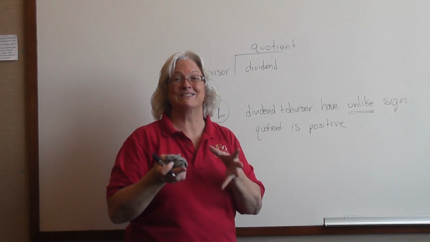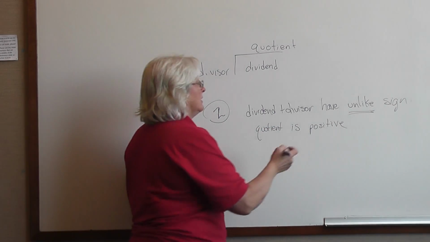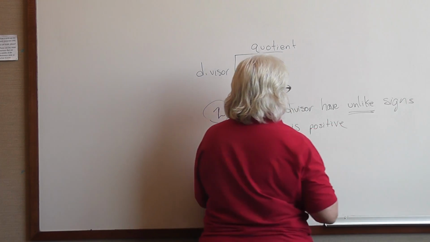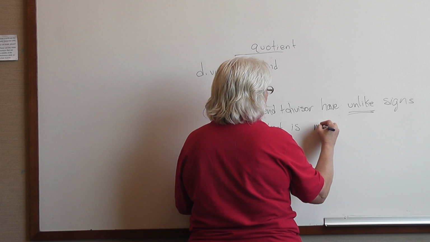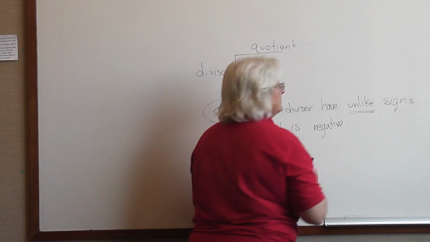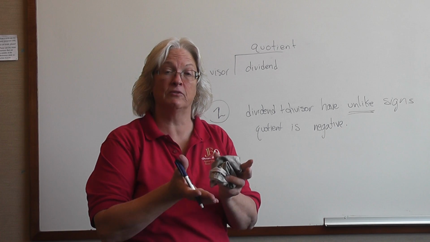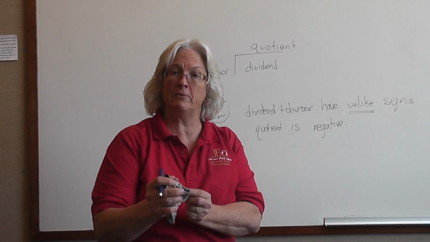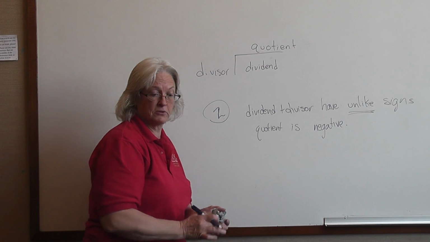Unlike here means different. The dividend and divisor have unlike signs. The quotient will be negative, always. Okay? So just be careful when you're working with division of signed numbers. Make sure you multiply it back, and that will verify for you that you have the correct answer.